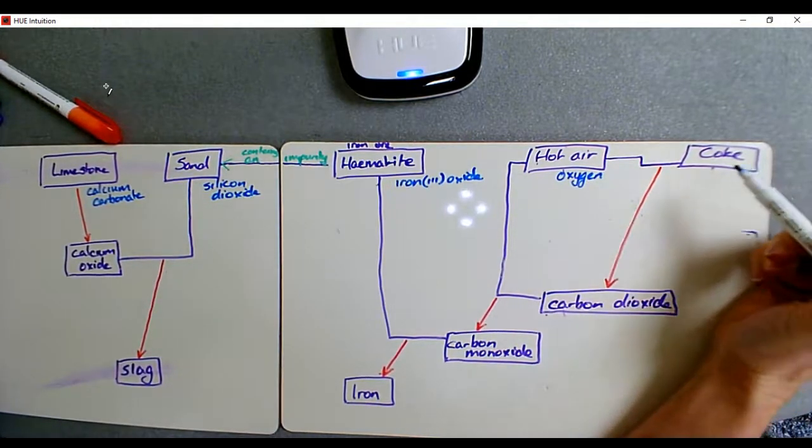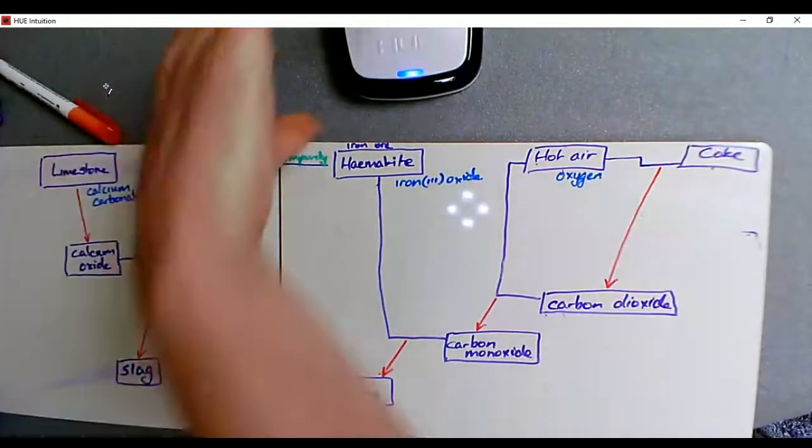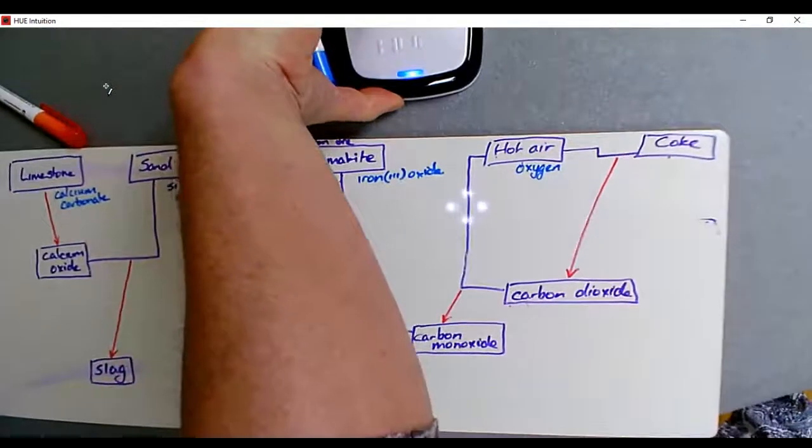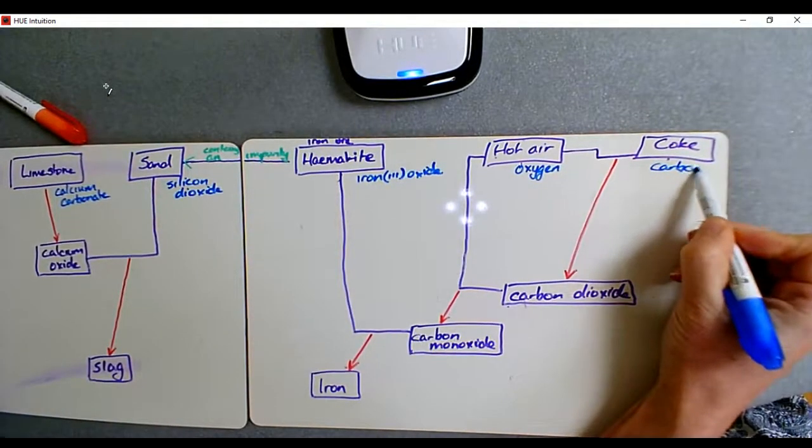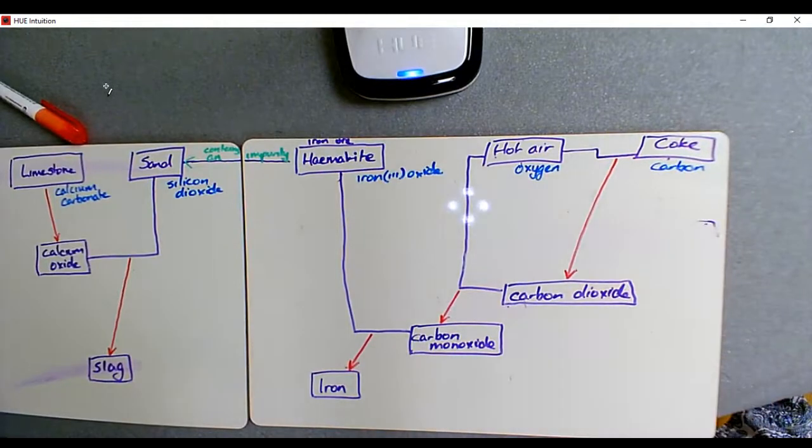And coke, the important chemical in it is carbon. Okay, and then we're going to put in the chemical formulas as well, so pause for another moment and find the chemical formulas for each of those.